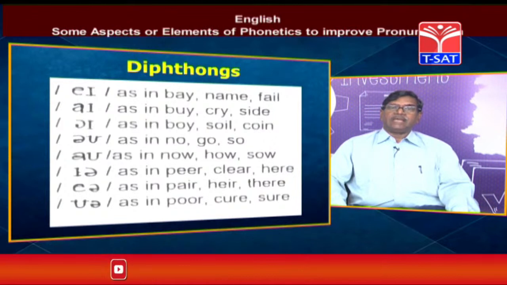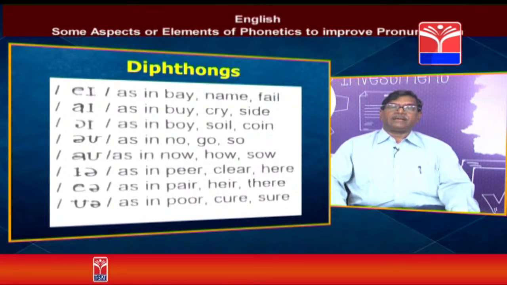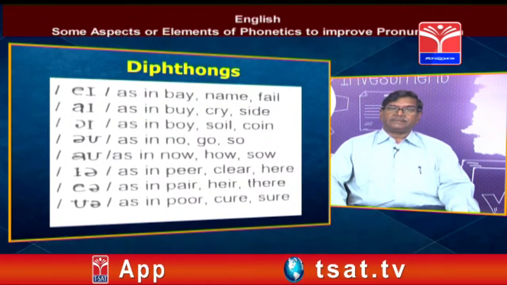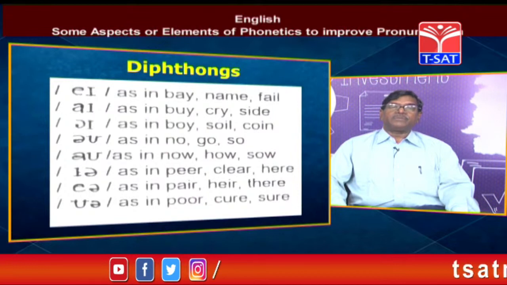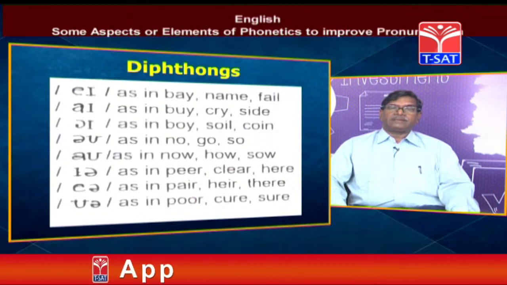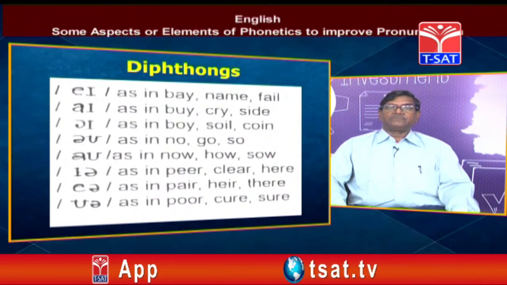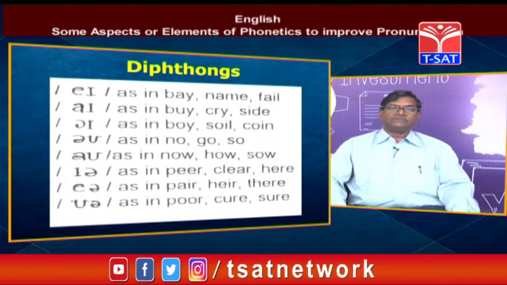Next one, air. A-I-R, air, P-A-I-R, pair, H-E-I-R, hair, T-H-E-R-E, there. Air starts with A and ends with the a sound. These are all diphthongs, that means a combination of two vowel sounds. Then ua, as in poor, cure, sure, starts with u and ends with a.